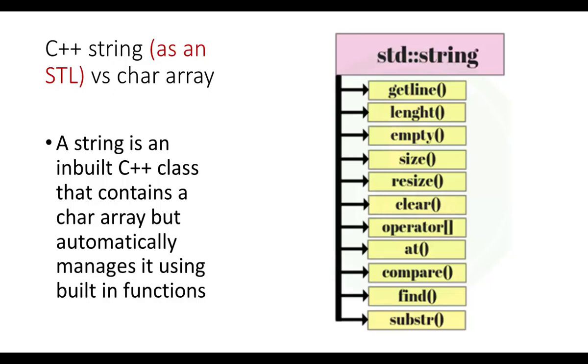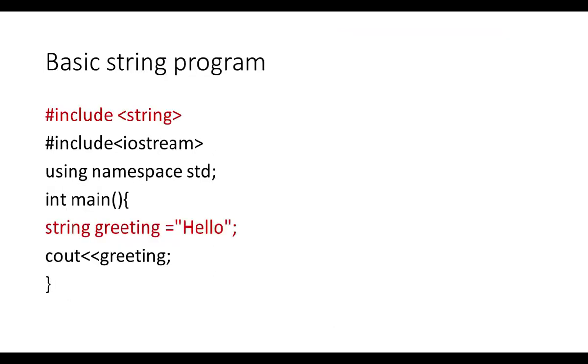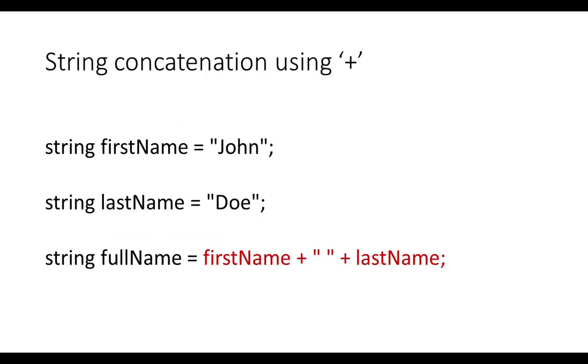Why are we using strings separately? Because we have the advantages of these many functions. The second one is length. There is a spelling mistake here. So this is a basic string program which we have already done, no need to explain it further.